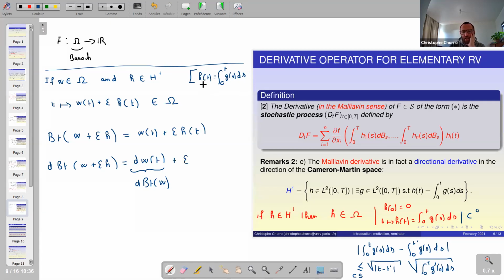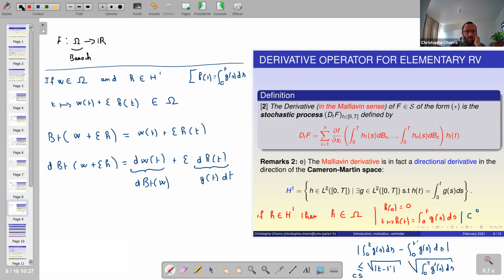But what is h? h is a mapping with bounded variation because it can be written this way, and here d of h(t) is simply equal to g(t) dt.